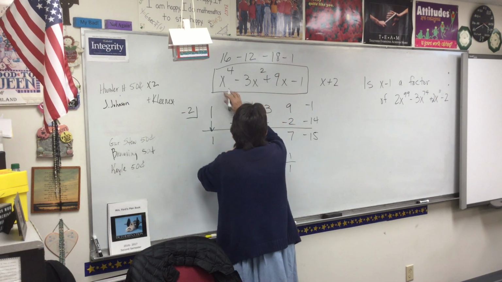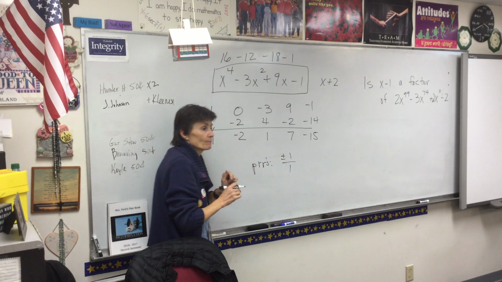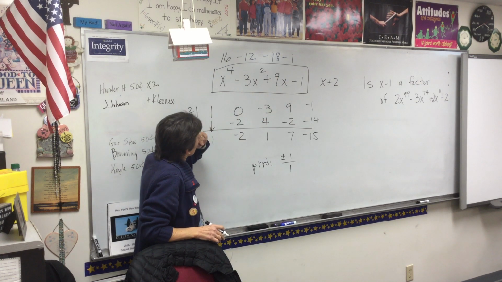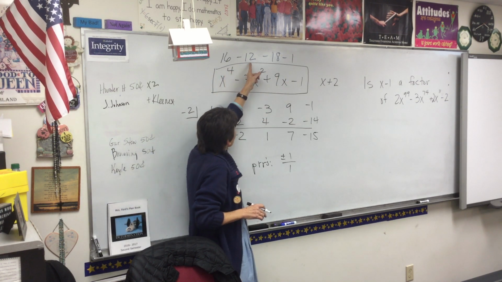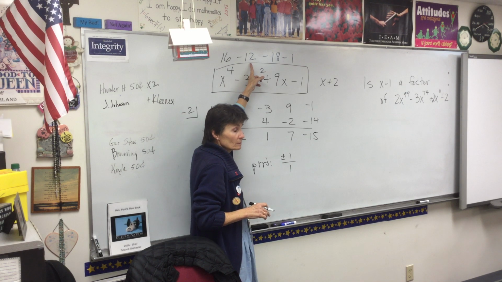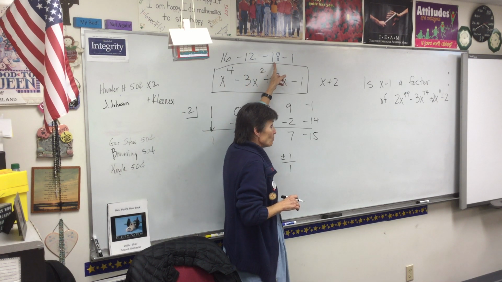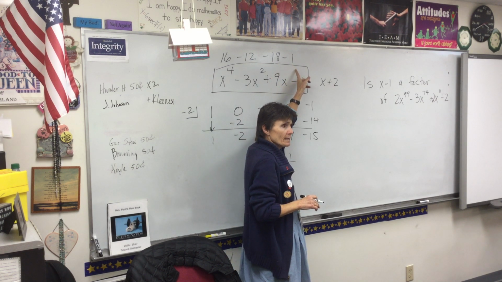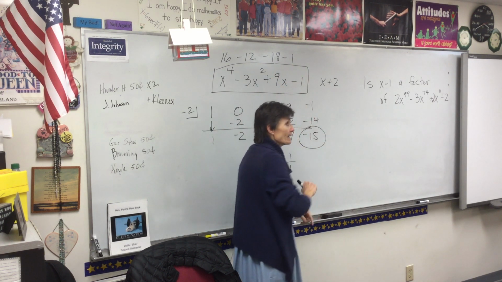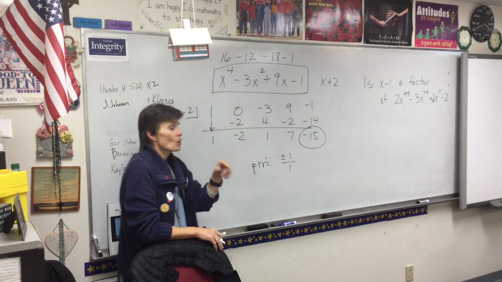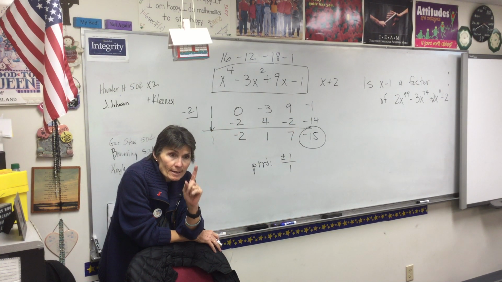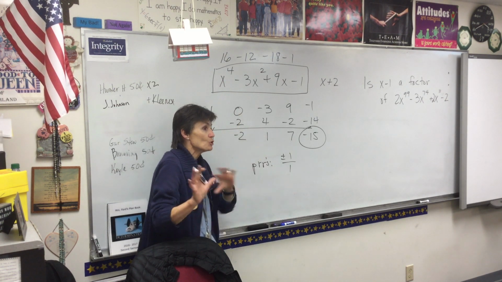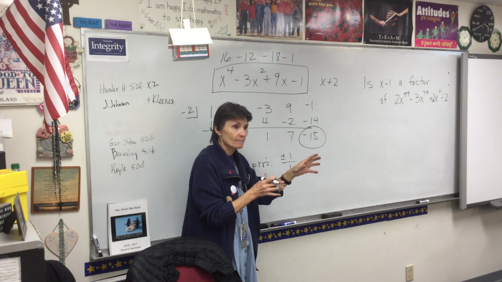I plugged in -2 for all of the x's. Now let's add these up. 16 minus 12 is 4. Minus 18 would be -14. Minus 1 is -15. So in other words, there's another way to get the remainder. Instead of dividing, you can just plug it in.